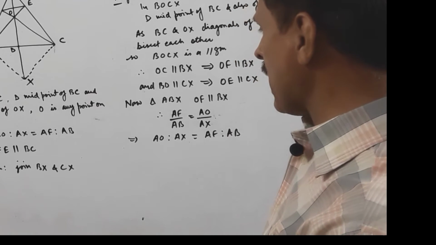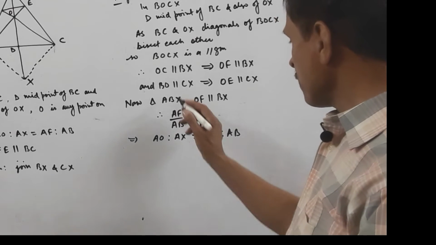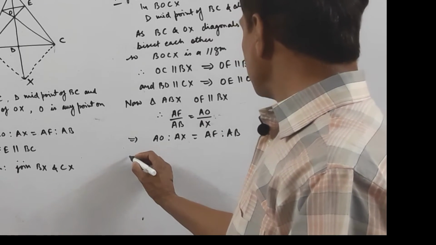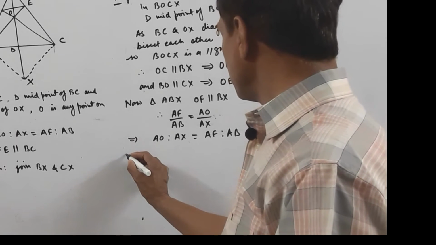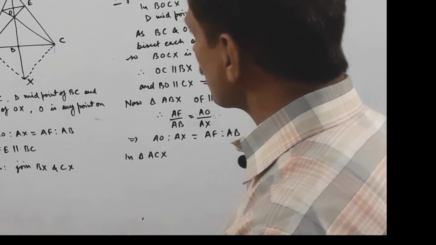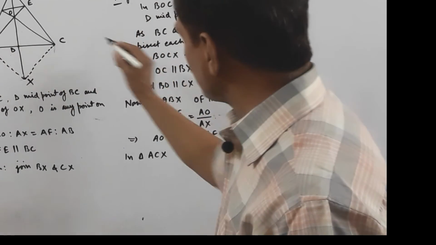Now we have to prove that FE is parallel to BC. To prove it, we consider triangle ACX. In triangle ACX, this OE is parallel to CX.